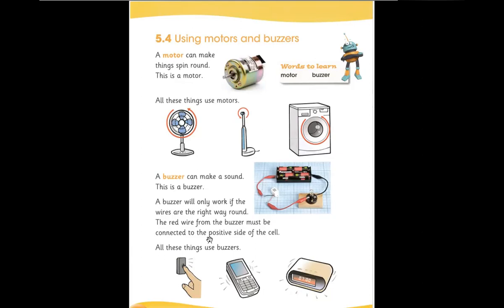Any appliance that makes sound, it means there is a buzzer inside. Any appliance that spins around, like a fan, toothbrush and washing machine, there is a motor inside. Understood? Yes.